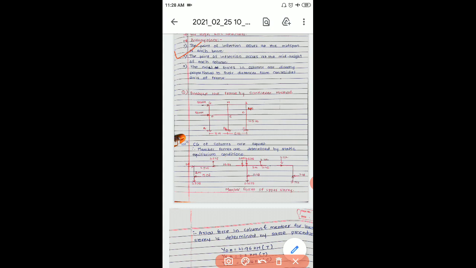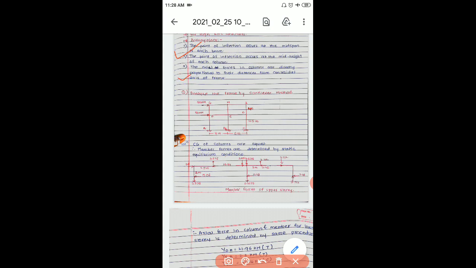Next, in portal frame we have the assumption that the central or interior column carries twice the load of the exterior column. This assumption is there in the portal frame method, but the third assumption is different in the cantilever method.